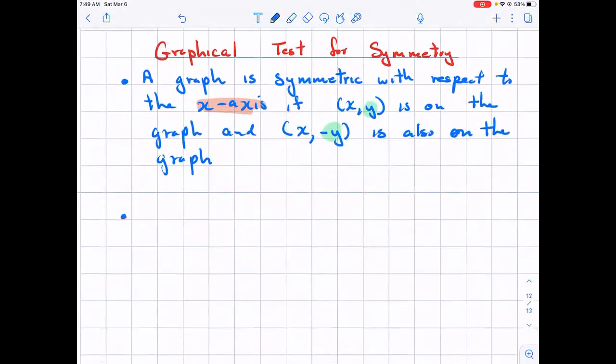And then we have the case where we have y-axis.